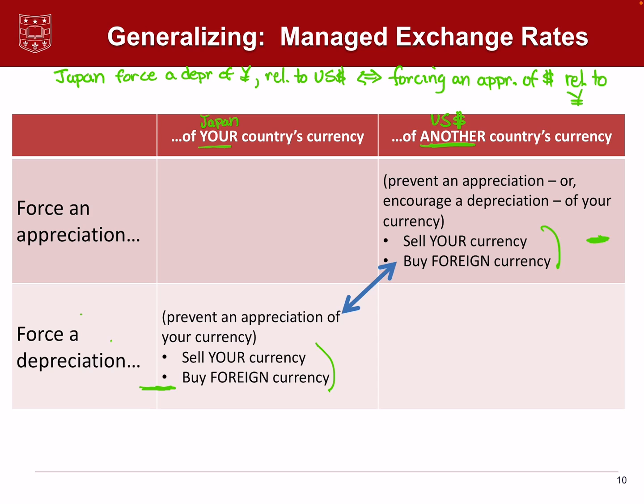If you want to force a depreciation of your currency, you need to make it relatively more abundant. So you sell your currency, that is, to increase its relative abundance in the foreign exchange market. And what would Japan have to do? It would have to buy the foreign currency.